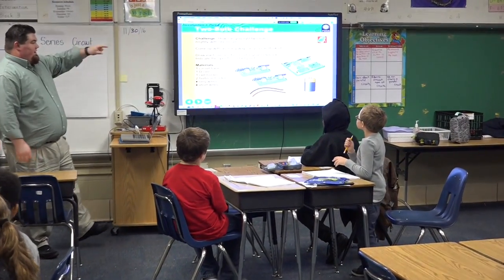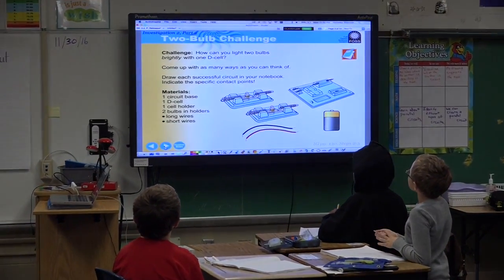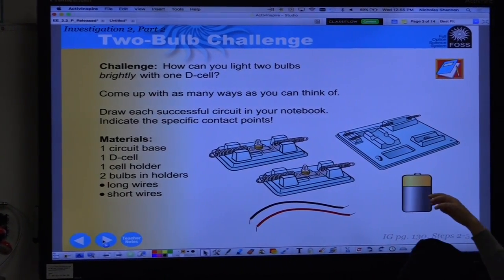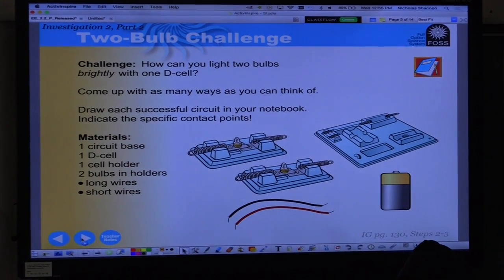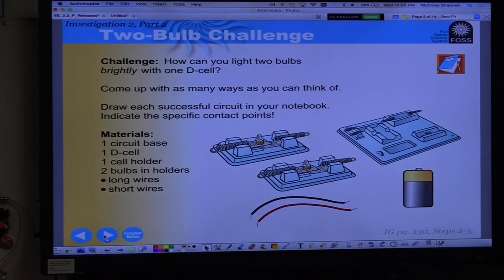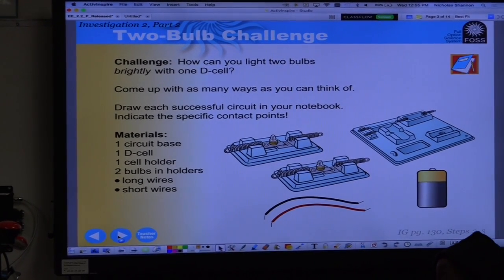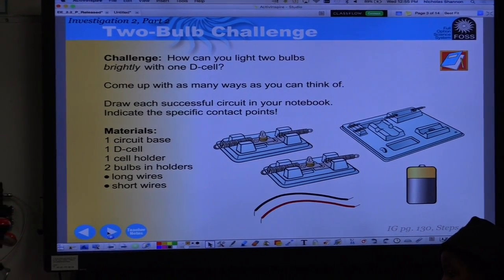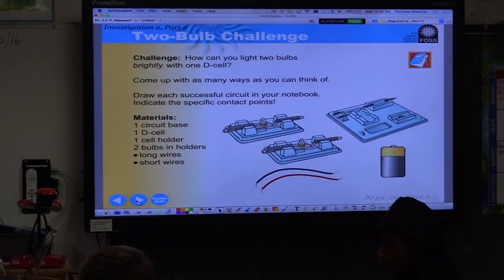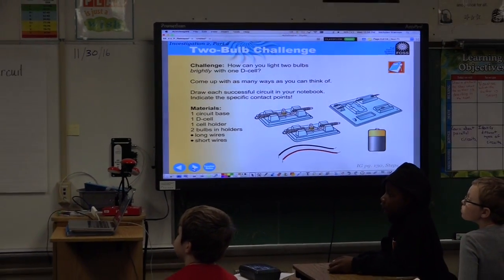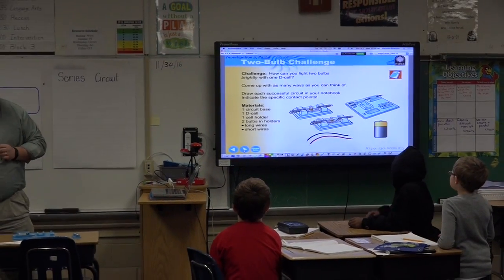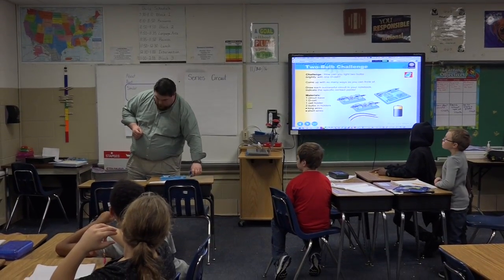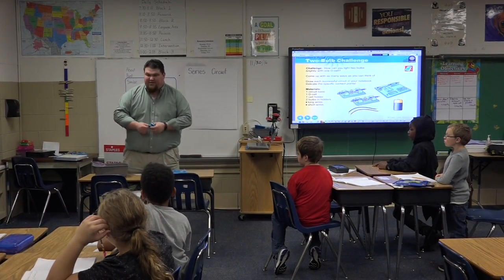So here is the 2 bulb challenge. Each group is going to get the circuit board, 2 bulbs, and wires.